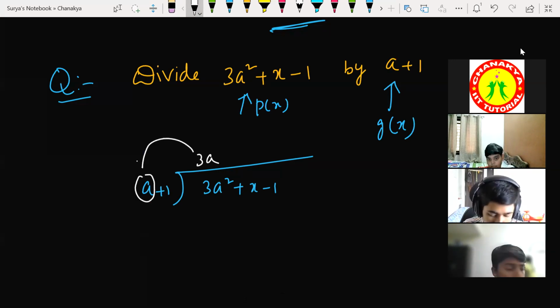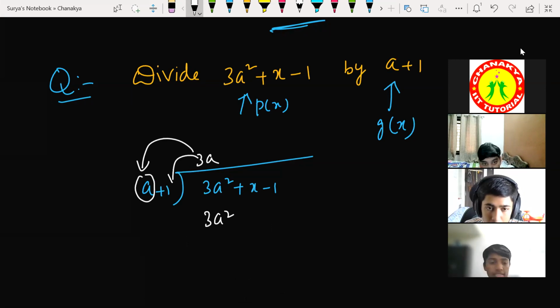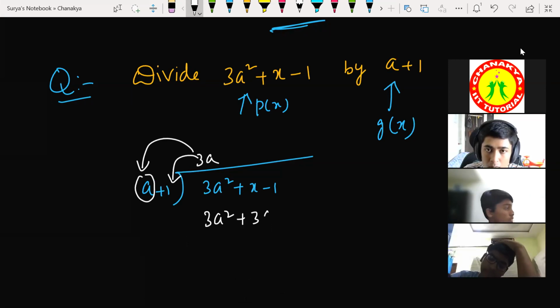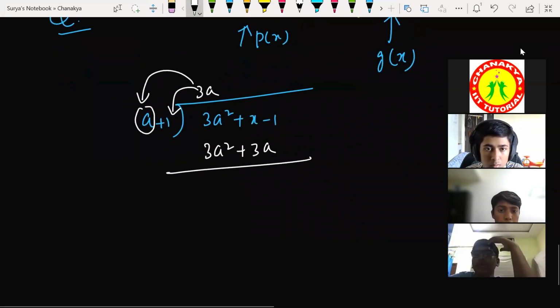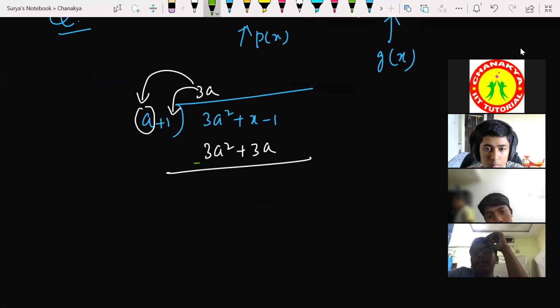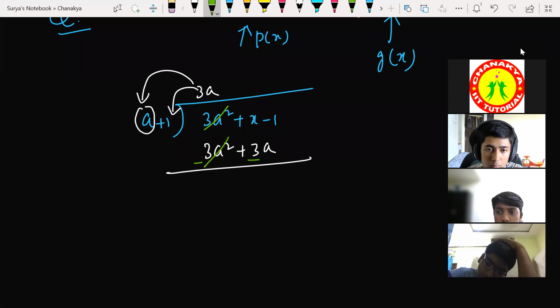If I multiply 3a into a, I get 3a square. Again, 3a into 1 is plus 3a. Now subtract. We should change the sign, sir, so that the 3a square will be cancelled. Those two will be cancelled. What I'm going to get now? a minus 3a minus 1.